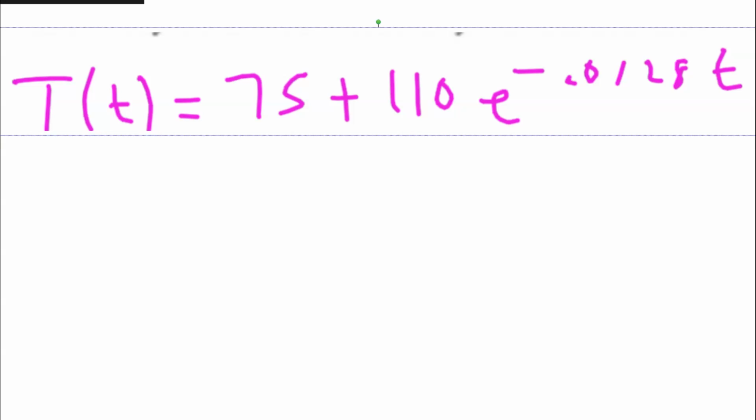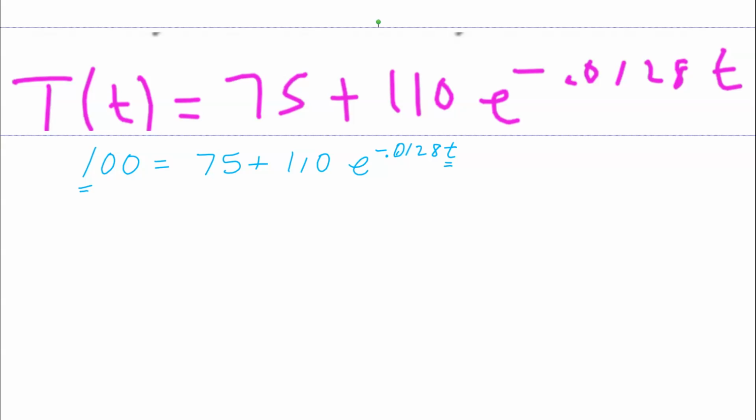We want to know how long it's going to take for our temperature to reach 100 degrees. So that's our temperature, 100 degrees. We have 75 plus 110 e to the negative 0.0128 t, and we want to know at what time we're going to be at that 100 degrees.